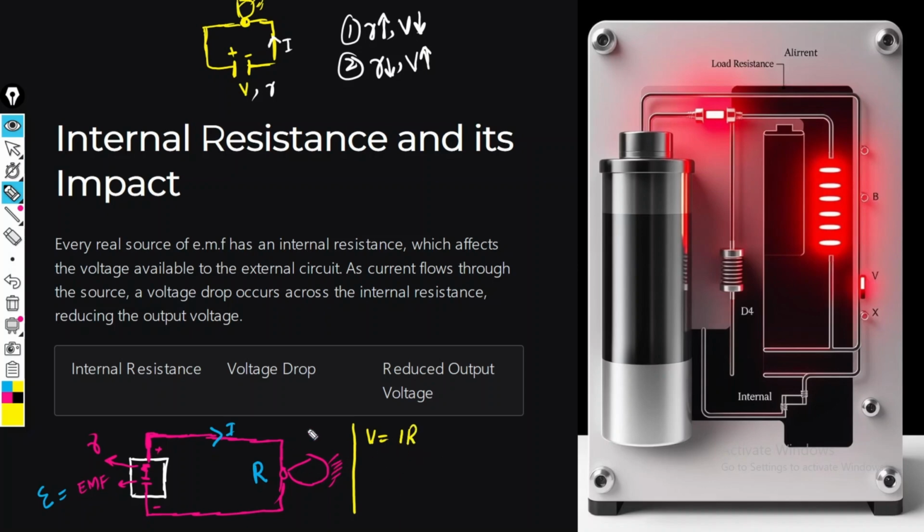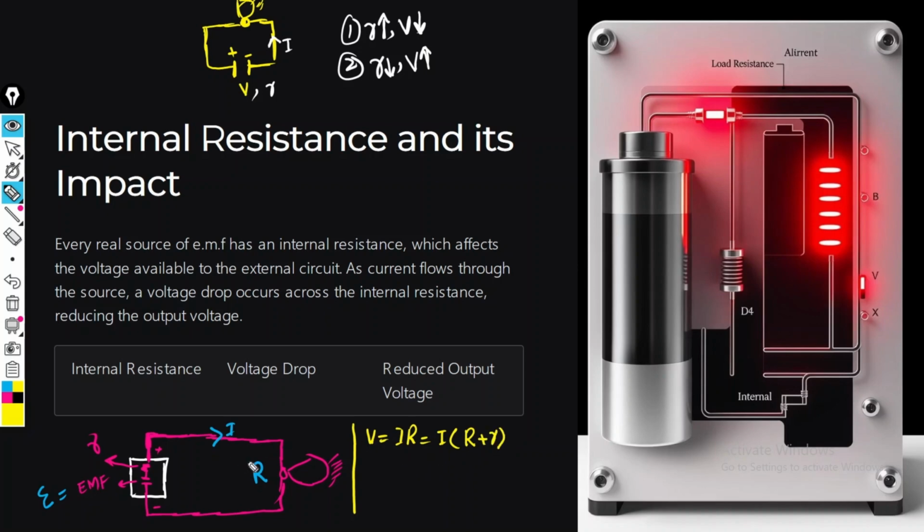But in this case, the resistance is actually the combination of this capital R, which is offered by the resistor, and this small r, which is offered by the battery. So instead of R, I will write R plus r.